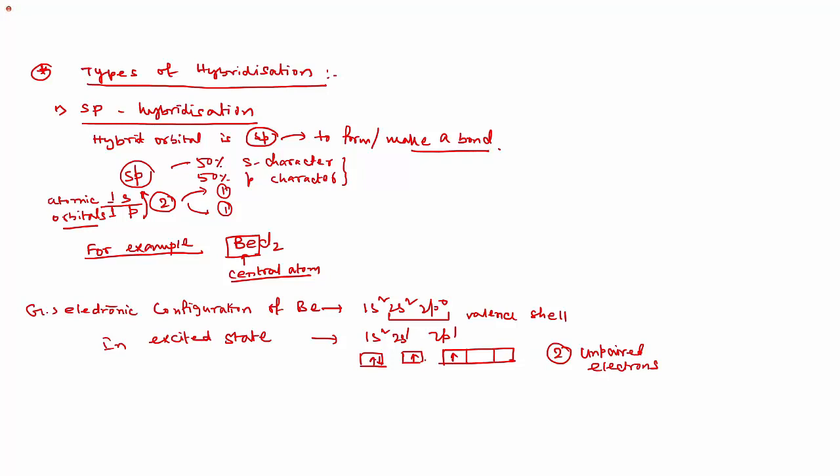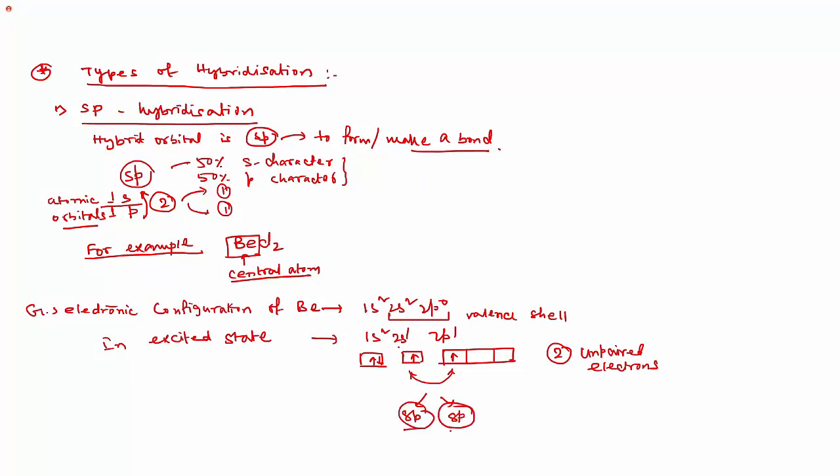One unpaired electron is present in the s orbital, and another unpaired electron is present in the p orbital. These orbitals now hybridize and give two sp hybridized orbitals.